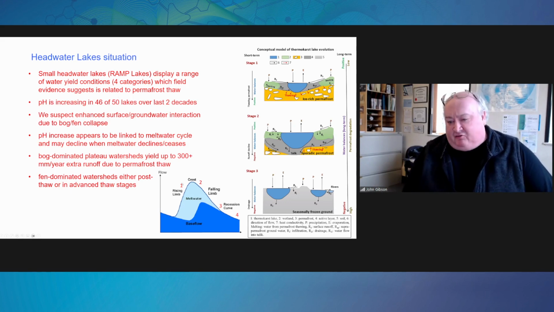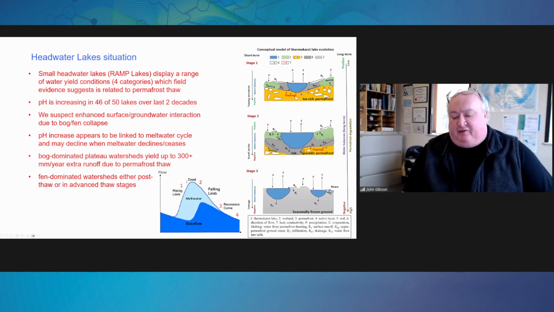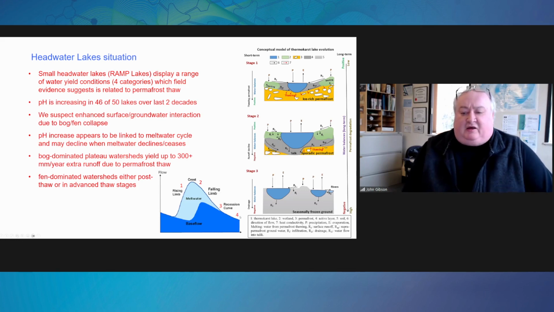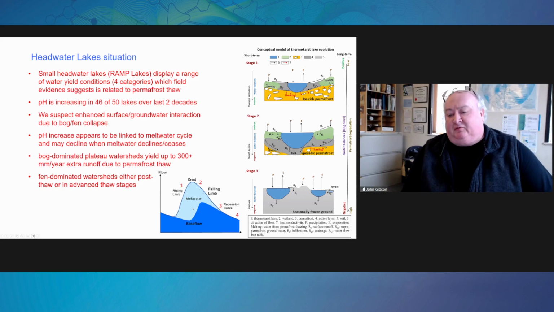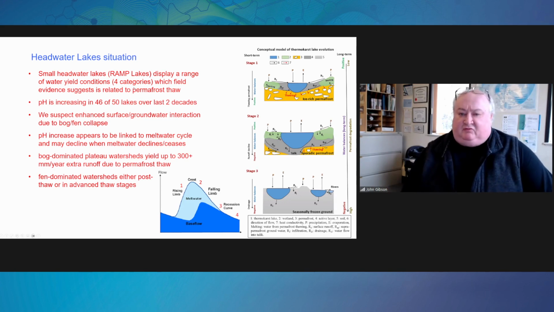There are 4 categories generally. Either they're on the front end of just initially melting or thawing, or they are further along, depending on these categories here. So this is just a framework that we've used.